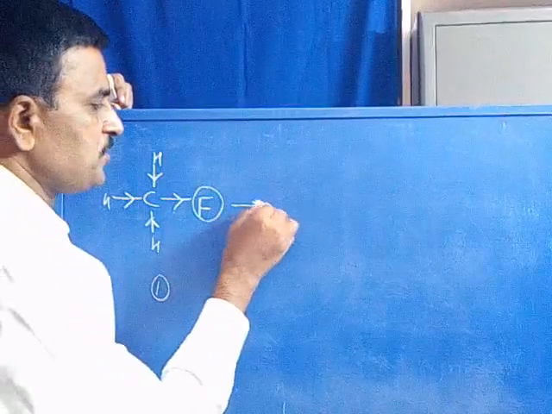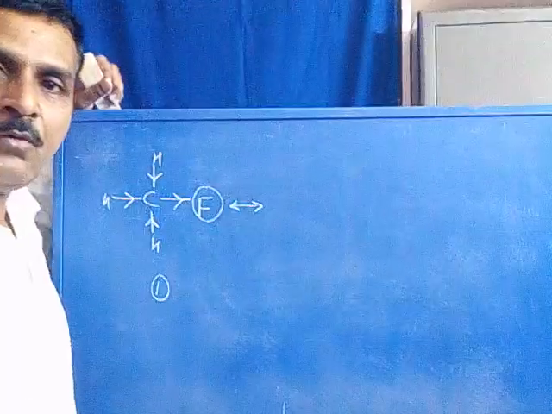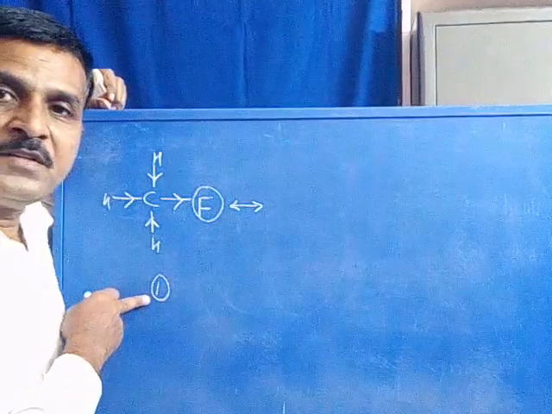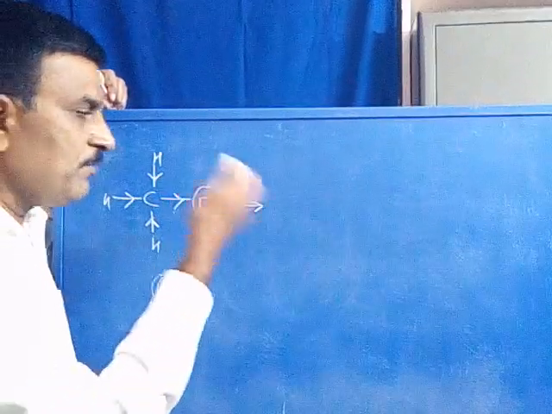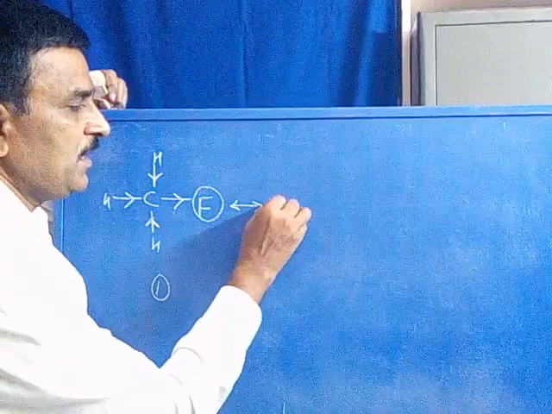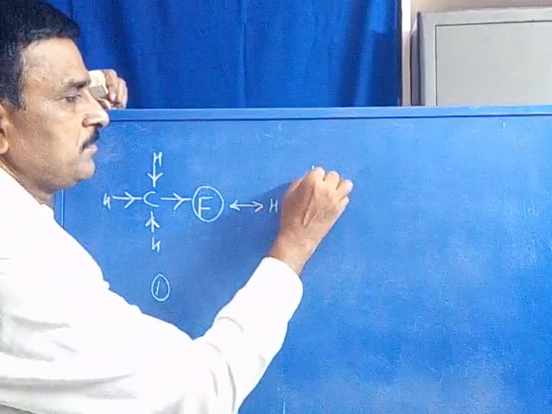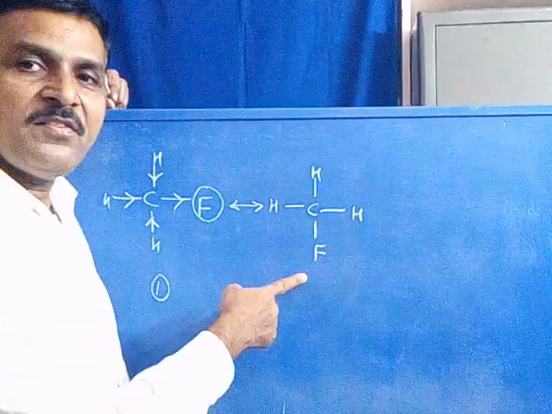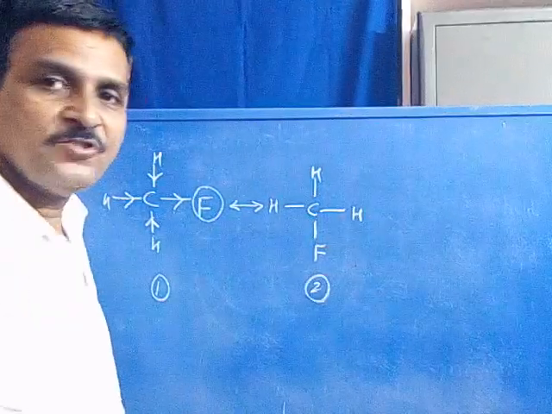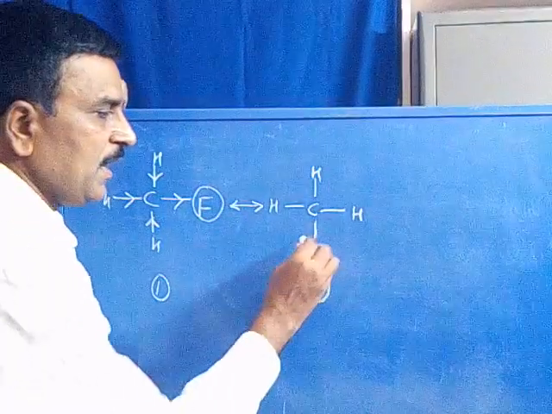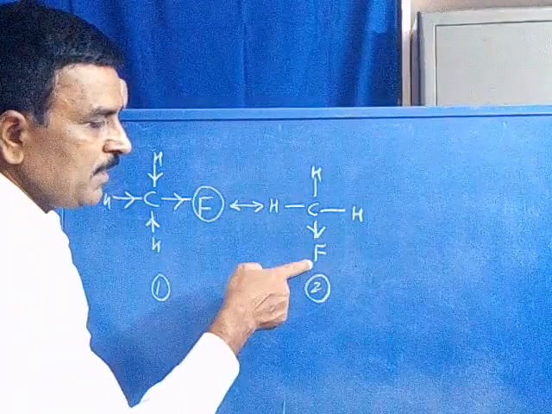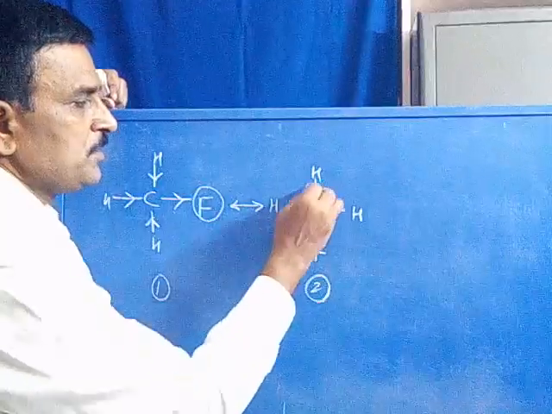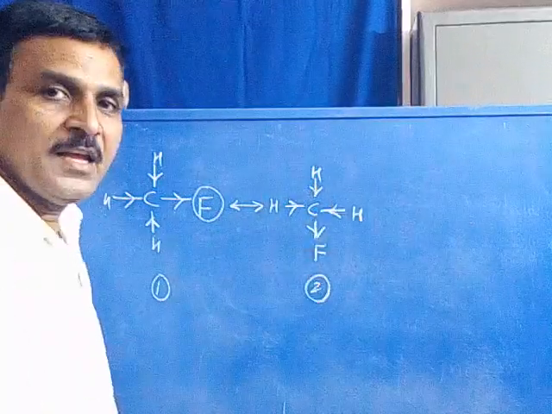Now if you change the orientation, we have considered the first orientation, let us see what happens. This is the second orientation. Again, the electron movement is towards fluorine, towards carbon here, towards carbon here.